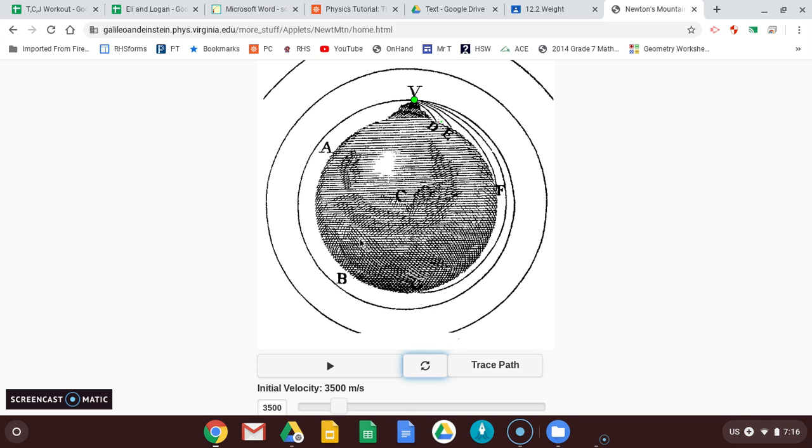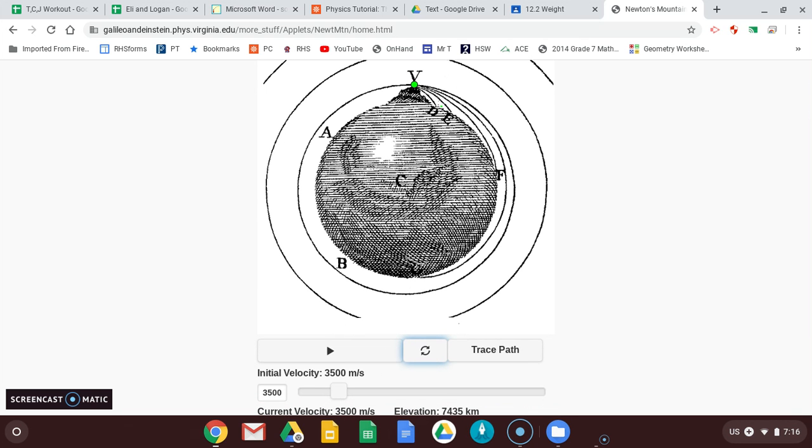So right now I'm going to shoot it at whatever the velocity is set to, currently 3,500 meters per second, which sounds like a lot and is, but when we're looking at the Earth from afar, probably isn't really that fast. And I'm just going to hit play and fire the object.